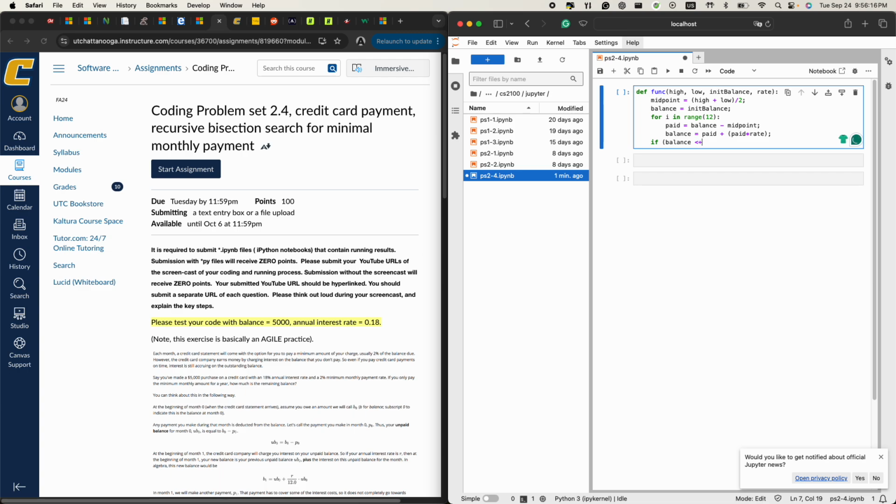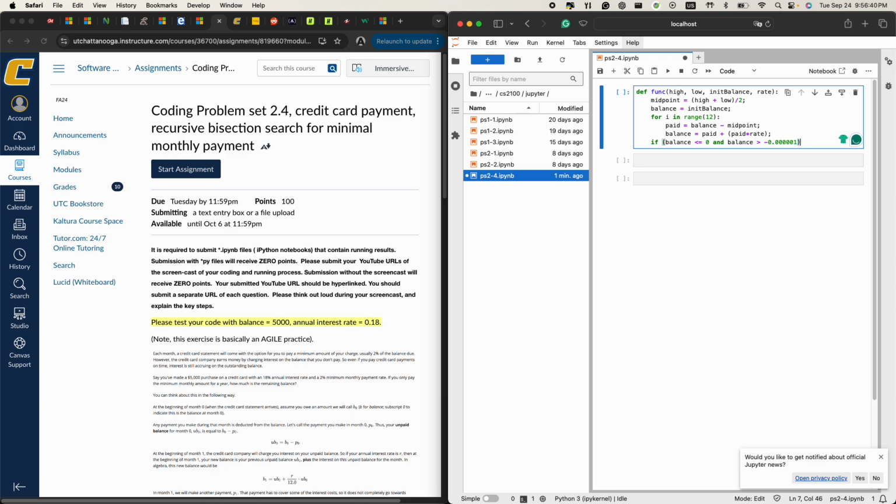If it's less than or equal to 0, and it's greater than a very small number, negative 0.000001.